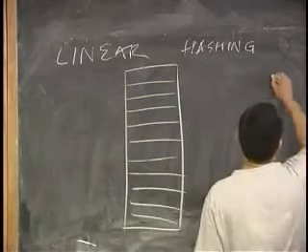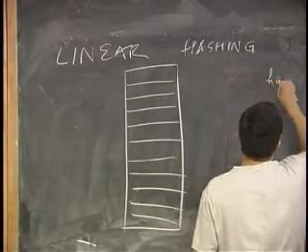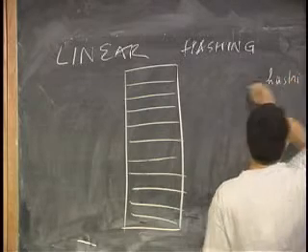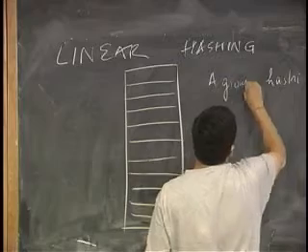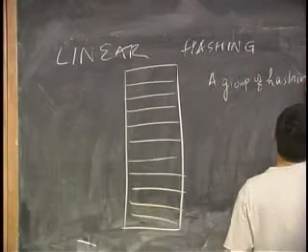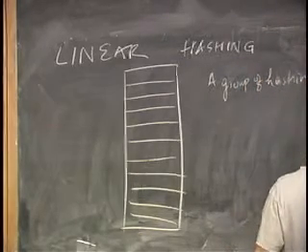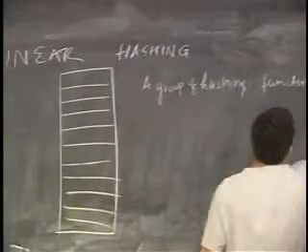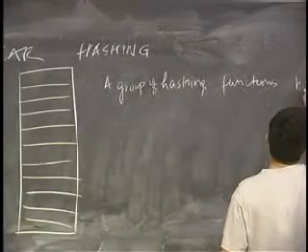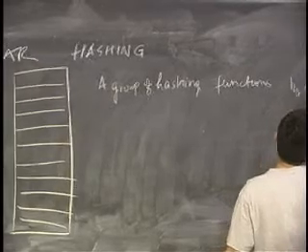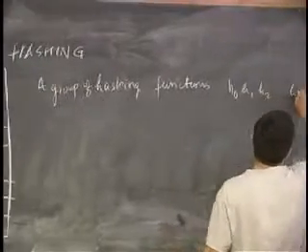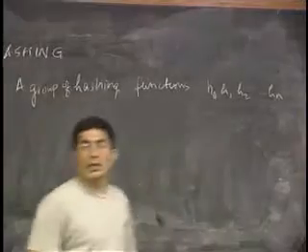The idea here is you'll have a group of hash functions, H0, H1, up to HN.